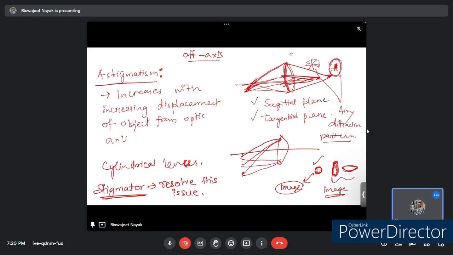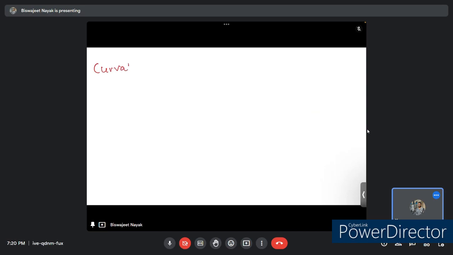Then curvature of field, which is again another off-axis aberration. This happens when the image plane is not flat.